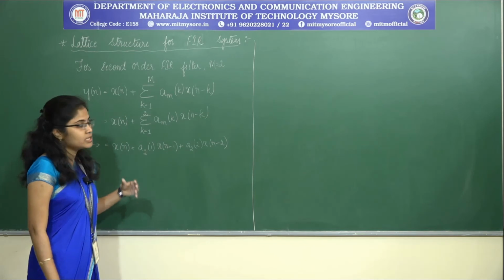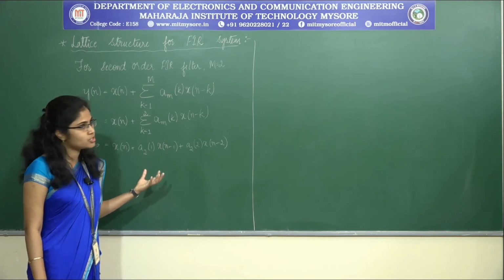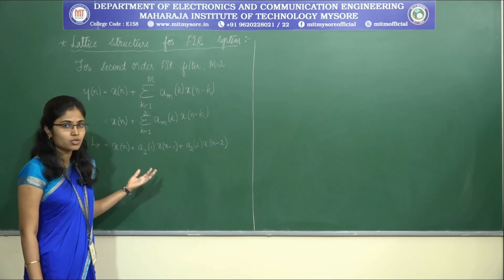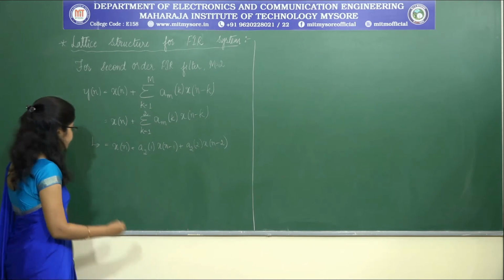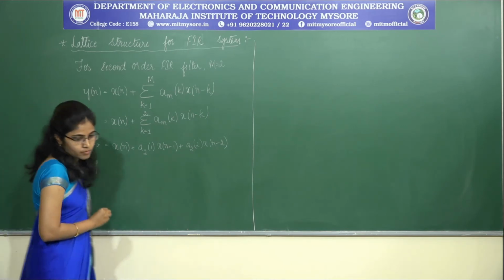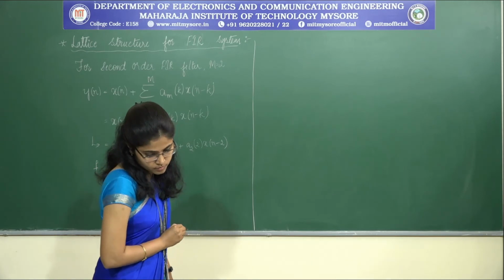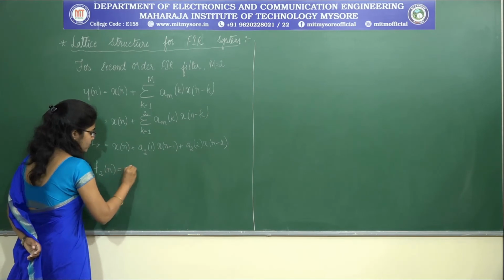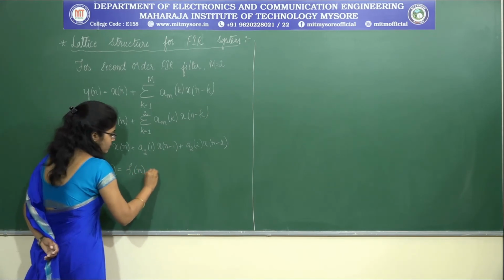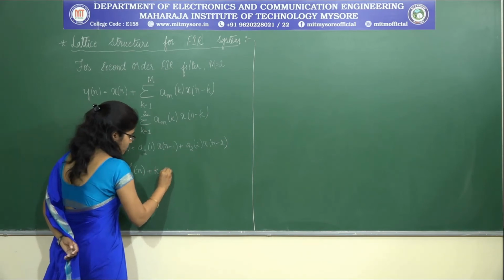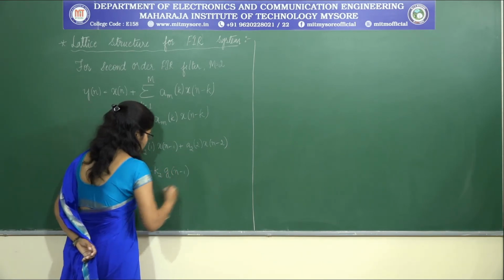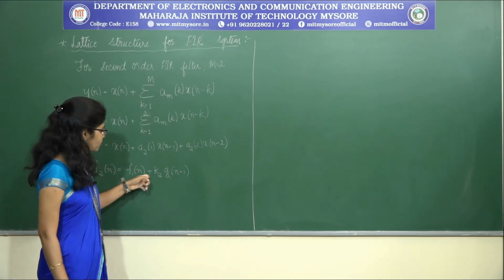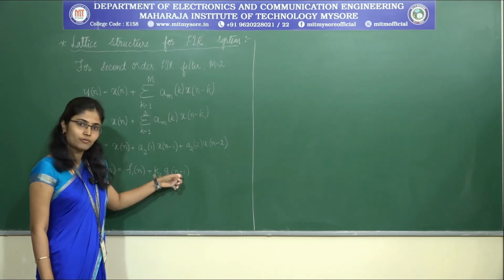So now if I check the equation for the first order and if I write the outputs for second order, the equation of the lattice structure of the second order will be equal to y2 of n, which is equal to f1 of n plus k2 into g1 of n minus 1. In the first order we had f1 of n, which was equal to f0 of n plus k1 into g0 of n minus 1.